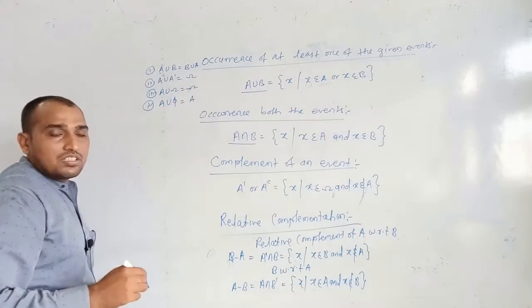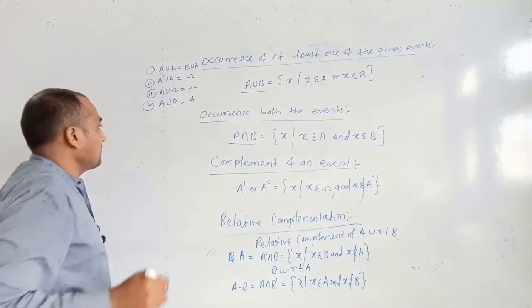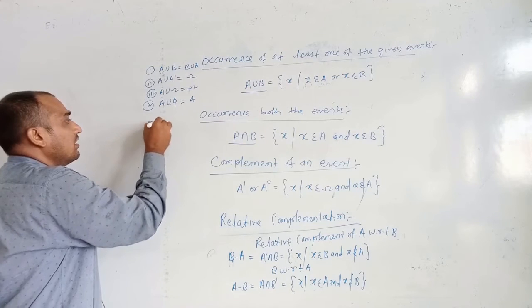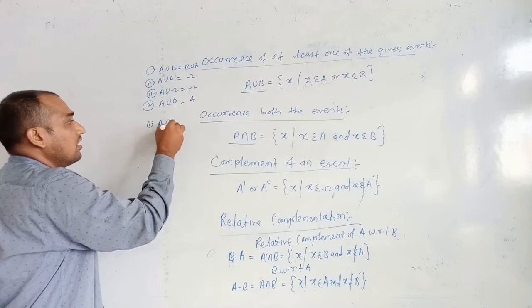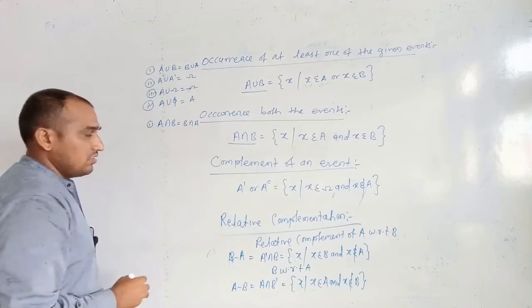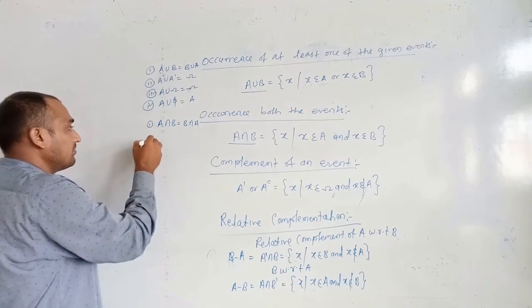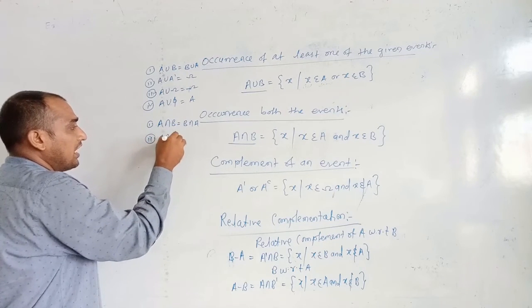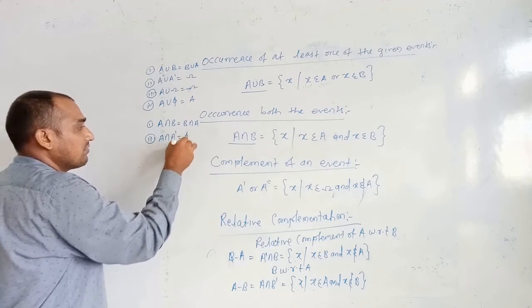So these are the terms related with union, and the terms related with intersection are: A intersection with B is the same as B intersection A. Second is, A intersection with A dash is always phi.